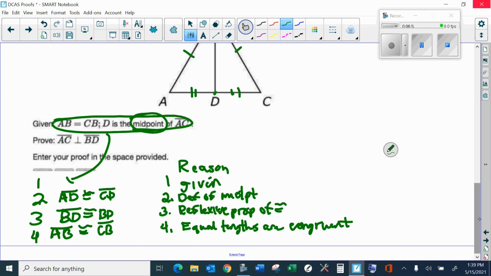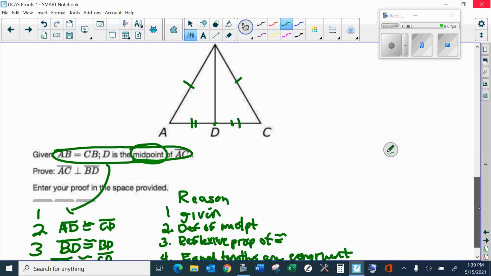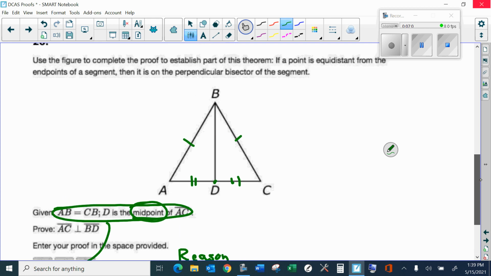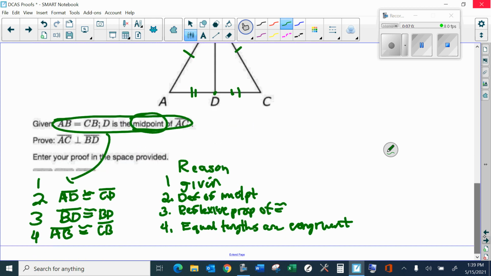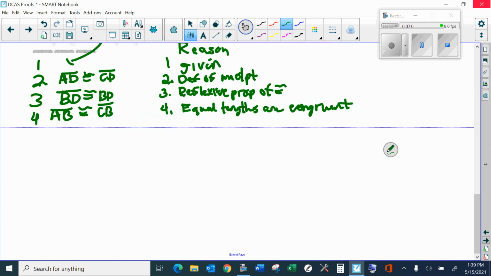Okay, and so now you have the segments being congruent, because that's technically what they look for. Now I'd be able to say that triangle BAD is congruent to triangle BCD. You know that by SSS.